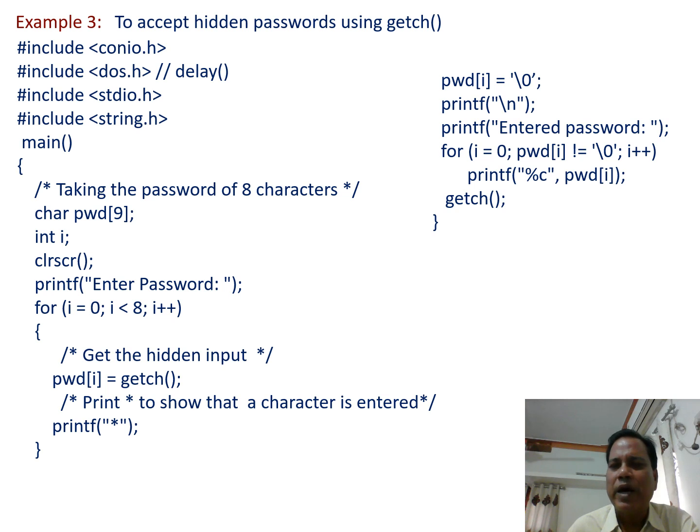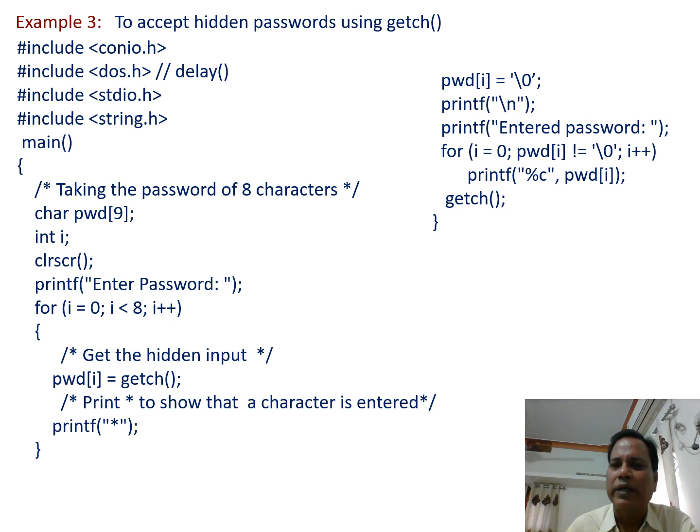So again for i equal to 0, the counter variable is initialized to a value of 0, and then the condition is checked: pwd[i], that is pwd[0], is not equal to the null character. Naturally, the null character is the last character.